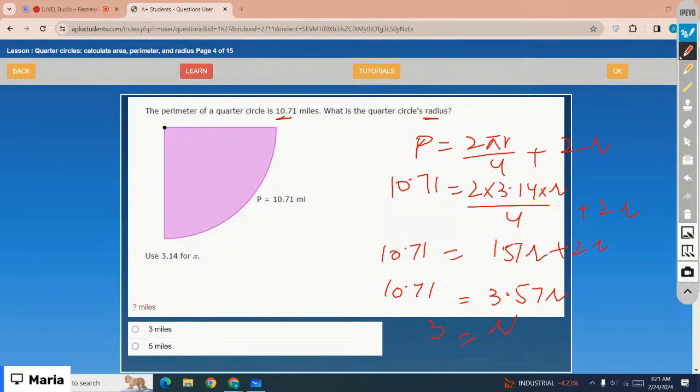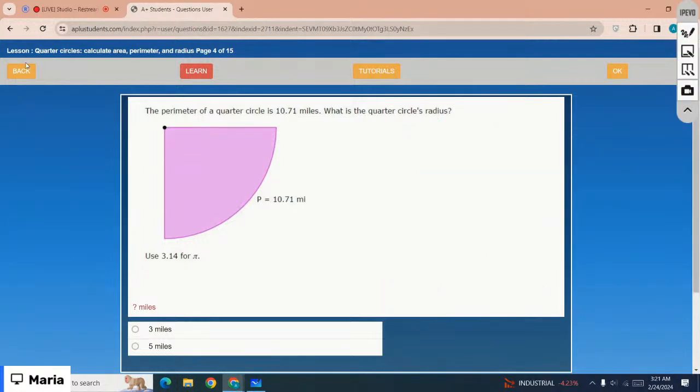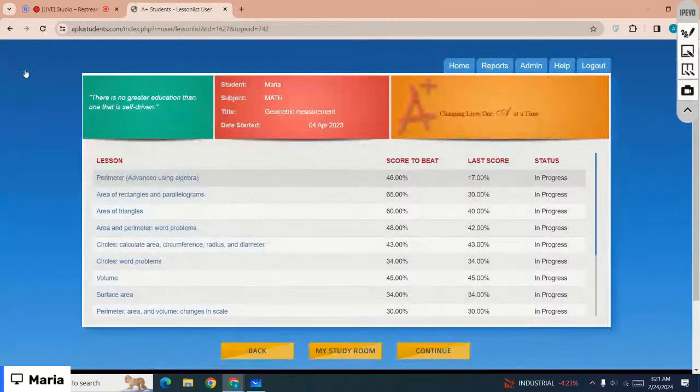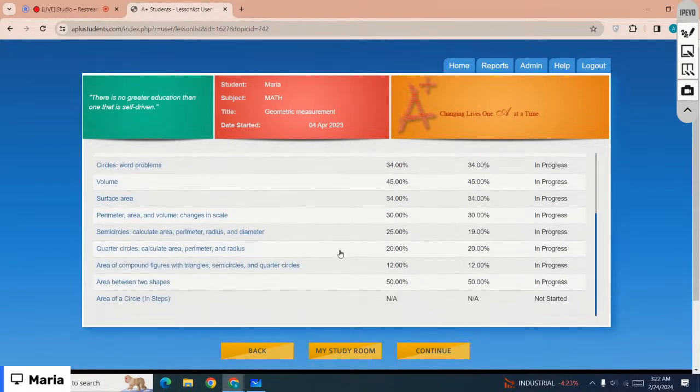Okay, the next lesson is area of compound figures with triangles, semicircles, and quarter circles.